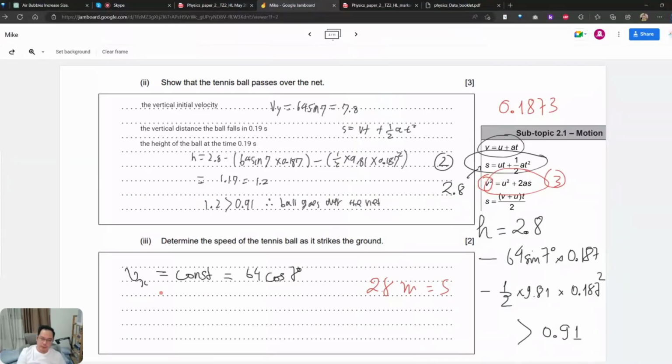This is the vertical component. The velocity has two components: the horizontal component Vx, which is constant, and the vertical component Vy, which increases over time with the free fall acceleration of 9.8. So you need to calculate the vertical velocity when it hits the table using the third formula.